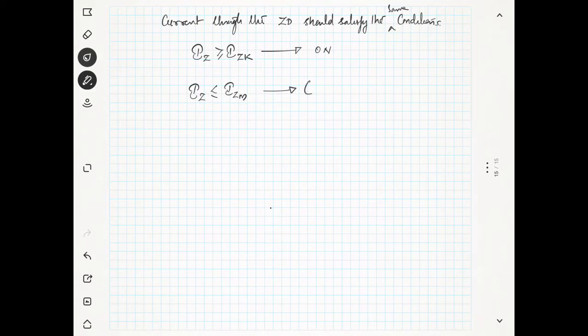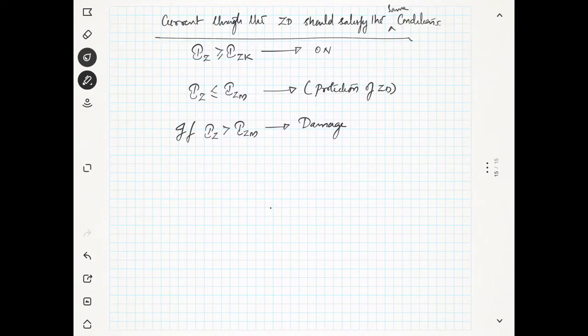So this is regarding the protection of the Zener diode. If the current Iz becomes greater than Izm, the possibility of damage is very high, meaning the Zener diode will be damaged. So the current through the Zener diode should be greater than Izk and less than Izm.